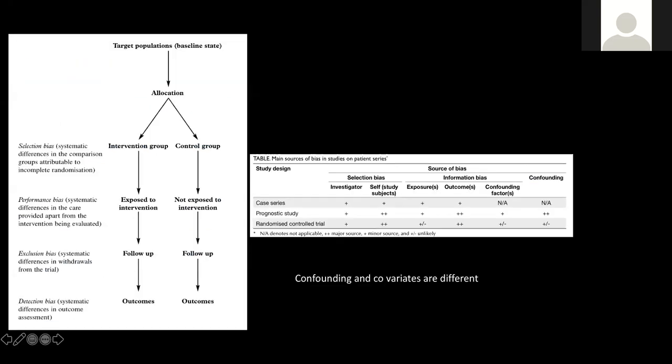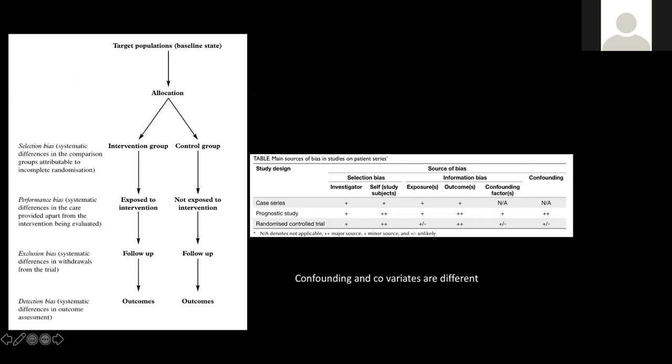Now, the basic problem with studies that we encounter is the problem of bias. A randomized control trial usually tries to negate the problems of bias, but still you have bias issues. You have something called selection bias, where there is a difference between the groups that are being analyzed.